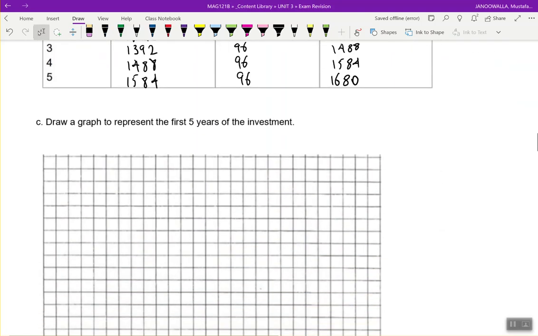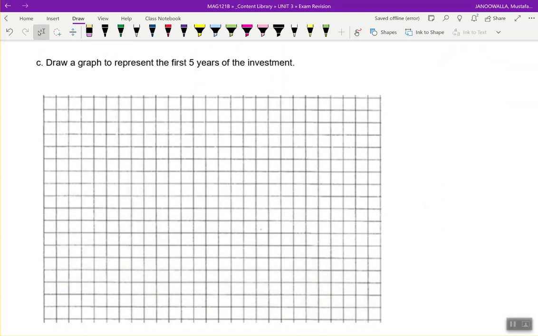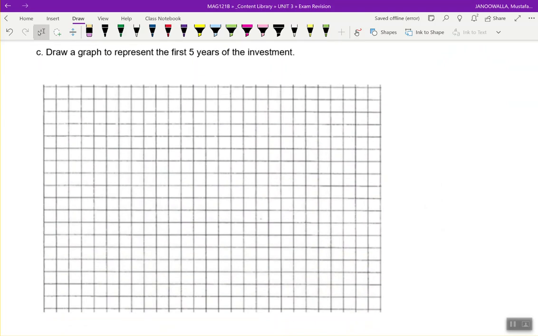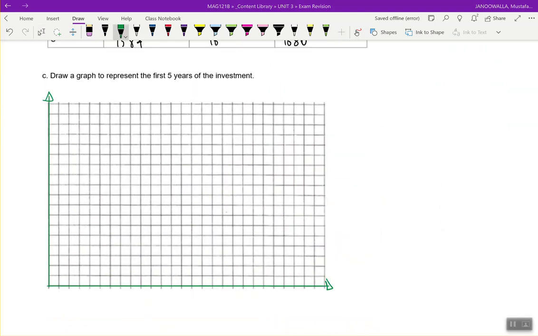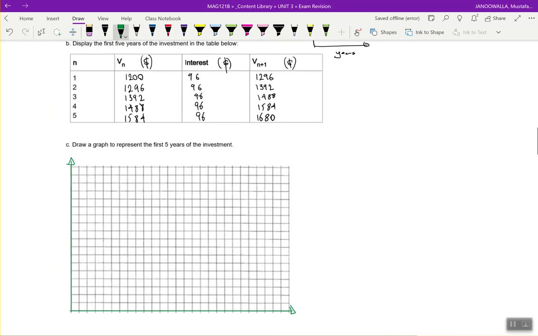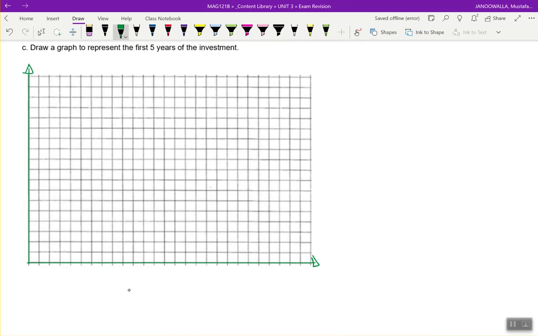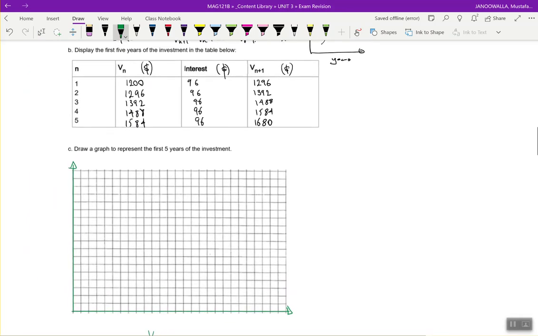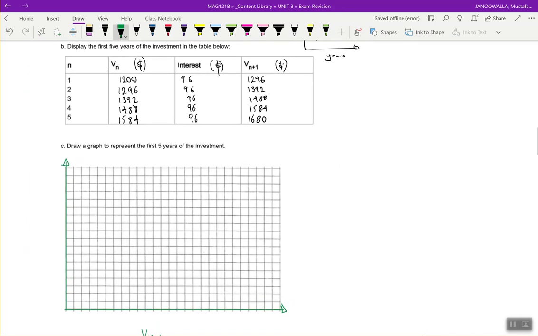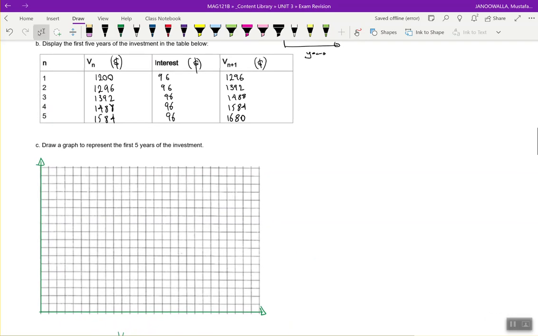Okay, so again, our x-axis is always time. So time is always going to be on the x-axis, so the number of years, and we can call it value of investment.